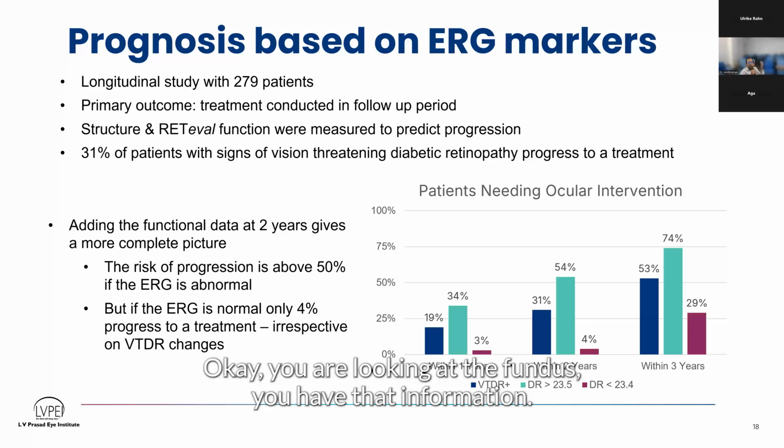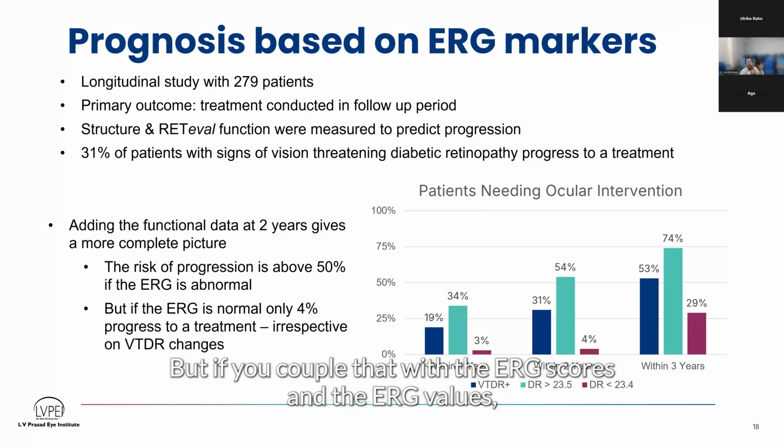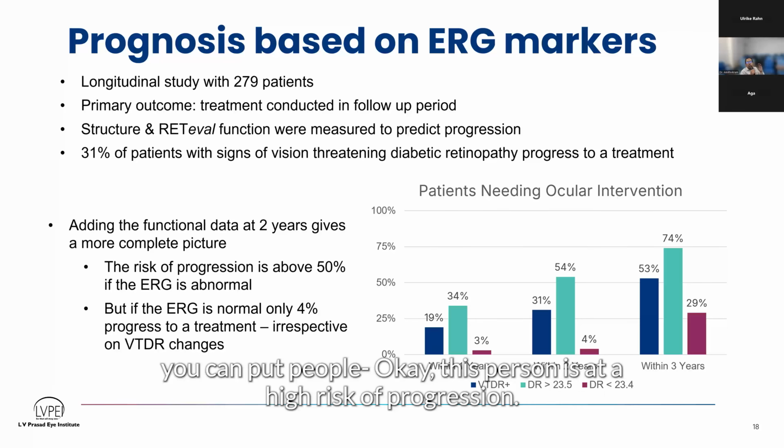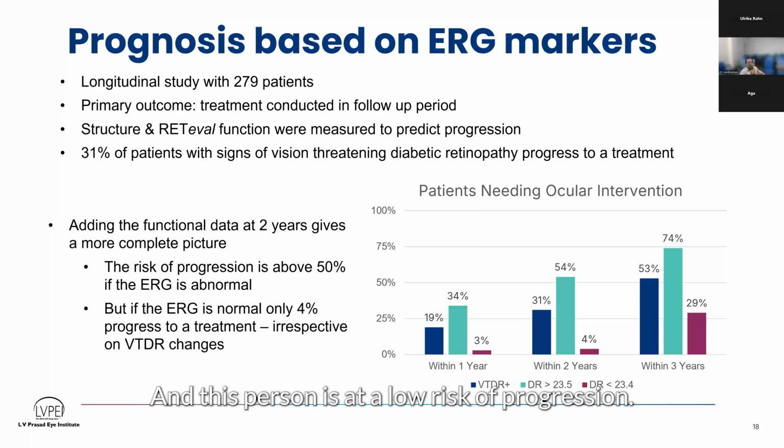You are looking at the fundus, you have that information. But if you couple that with the ERG values, whether it is normal or abnormal, based on that you can say this person is at a high risk of progression and this person is at a low risk of progression.